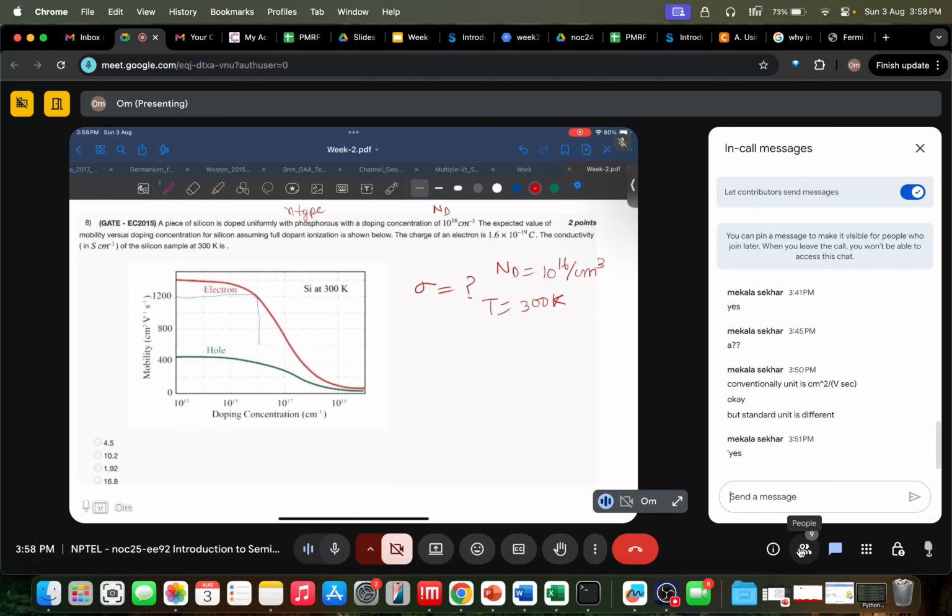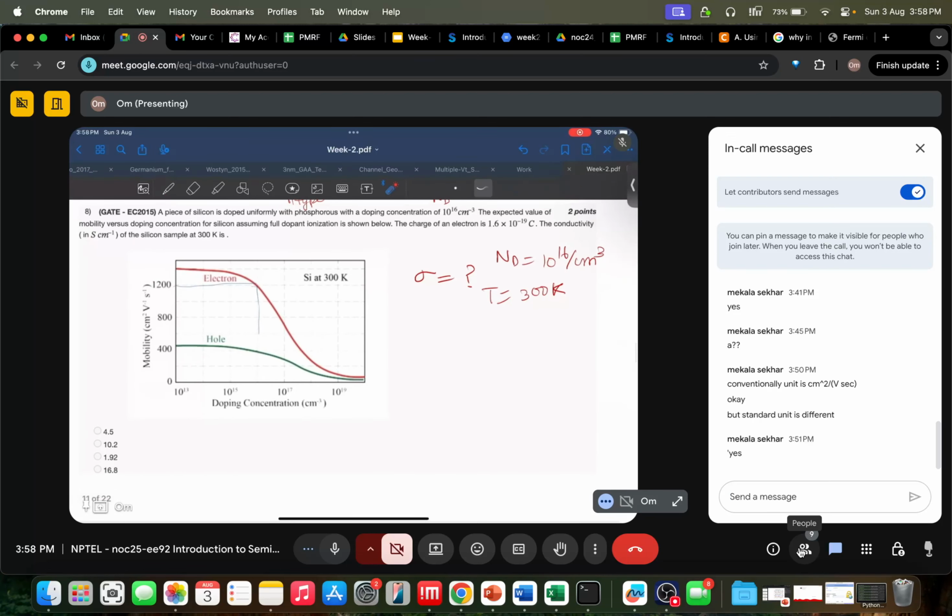Okay, so let's solve this. We know sigma equals n q mu n plus p q mu p.